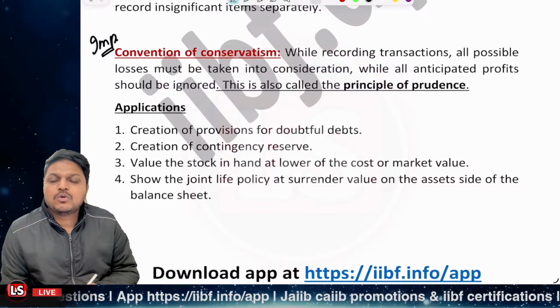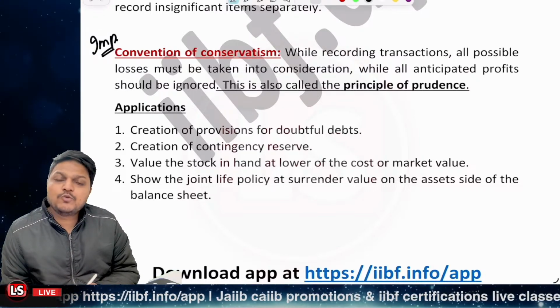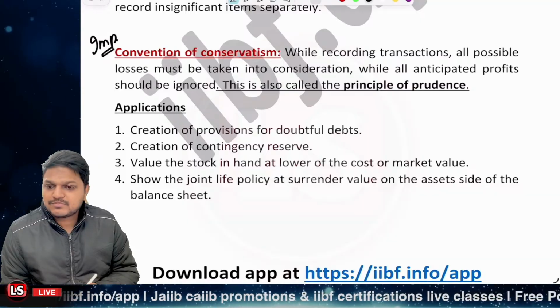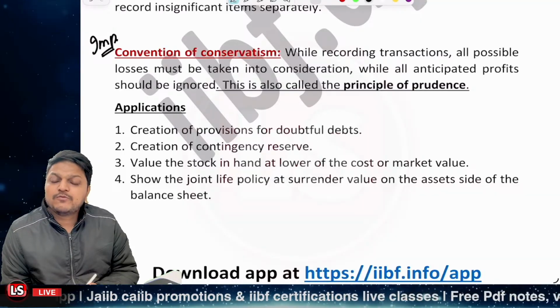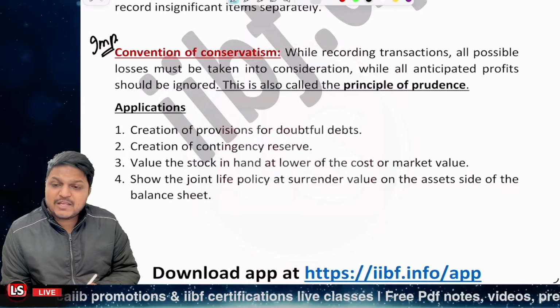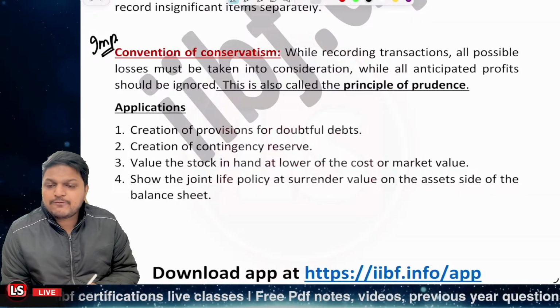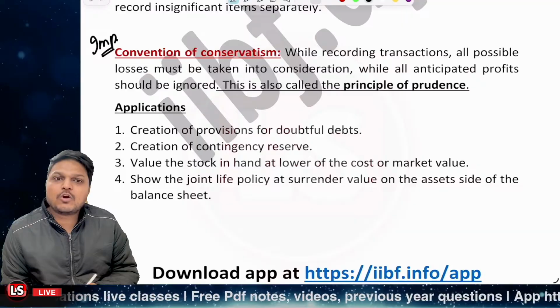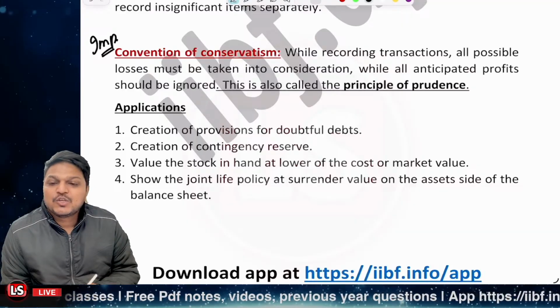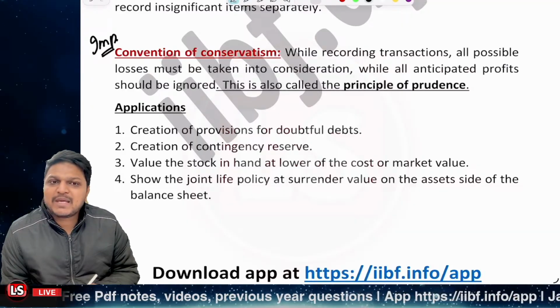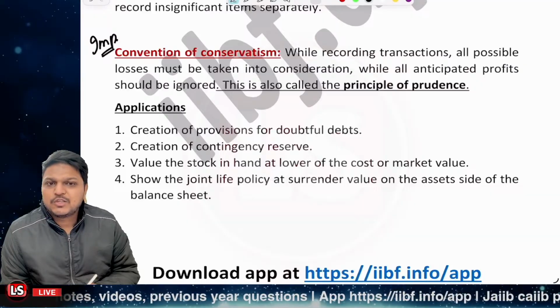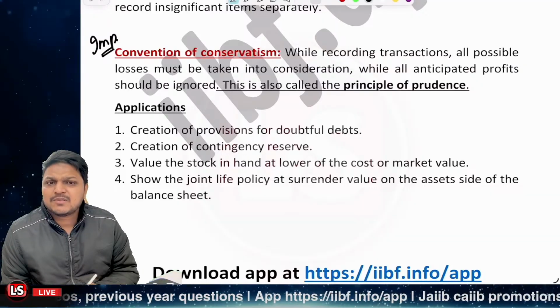We are not to take care of future gains or incomes. We are to ignore those future gains or incomes. But if there is going to be any contingent liability, or let's say a future possible loss, that should be recorded, right? So for the future loss, you can have provisions, you can have contingency reserves, right?